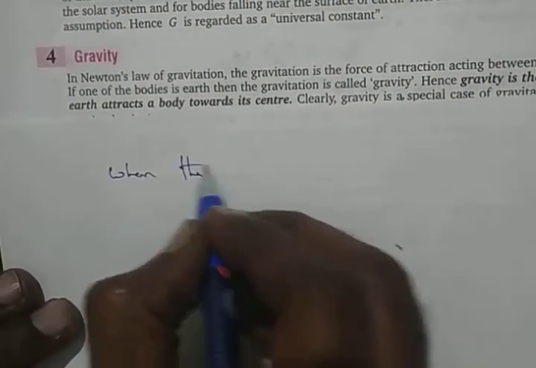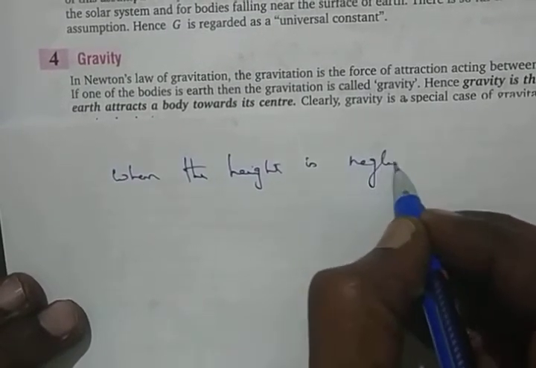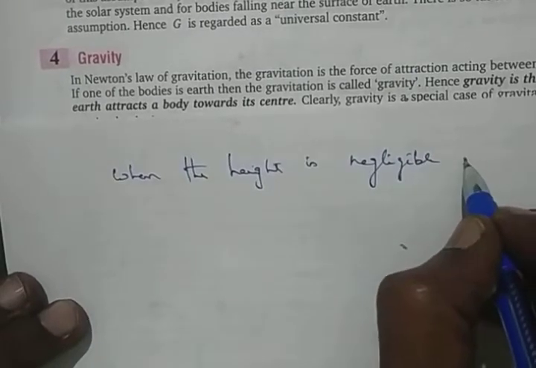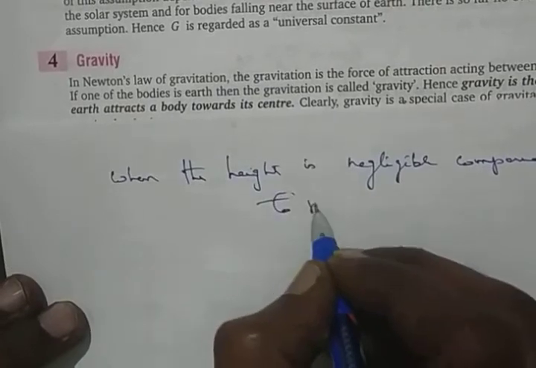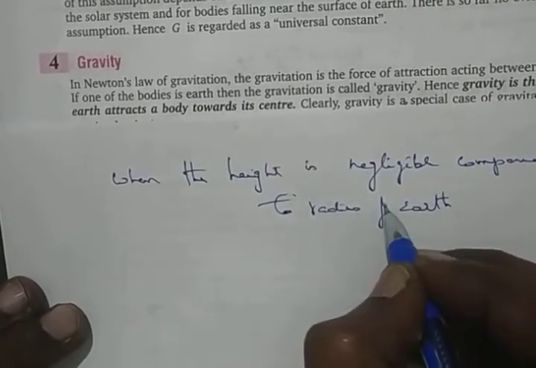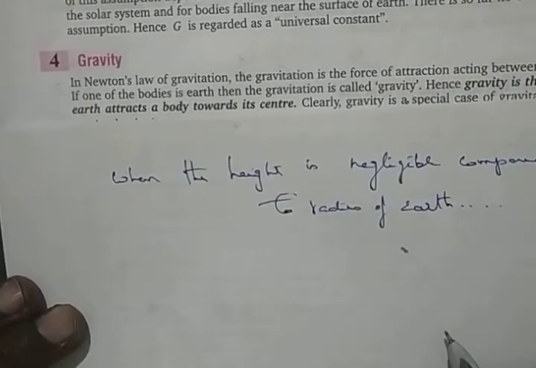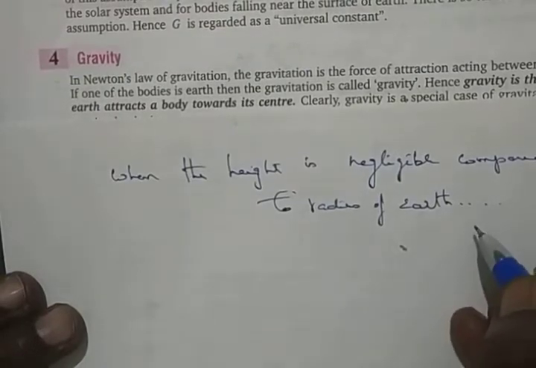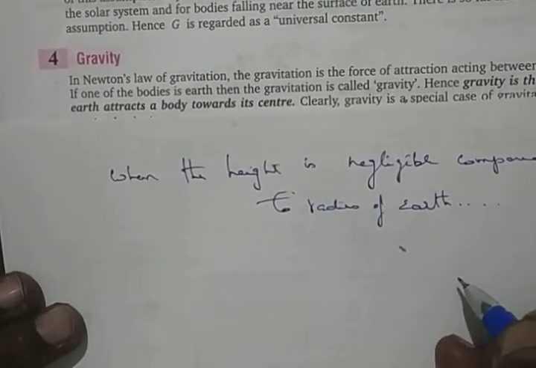When the height is negligible compared to the radius of Earth, what will happen when you are having the height, and the height is not so much when compared to the radius of the Earth?